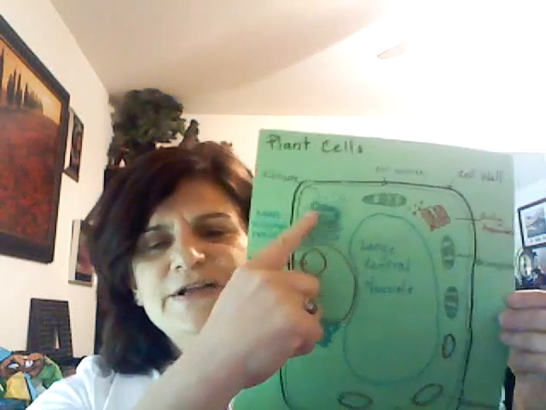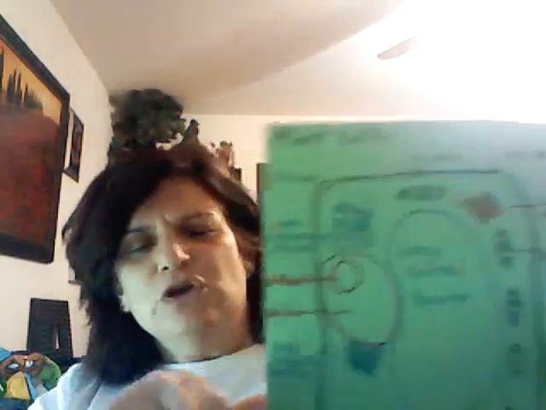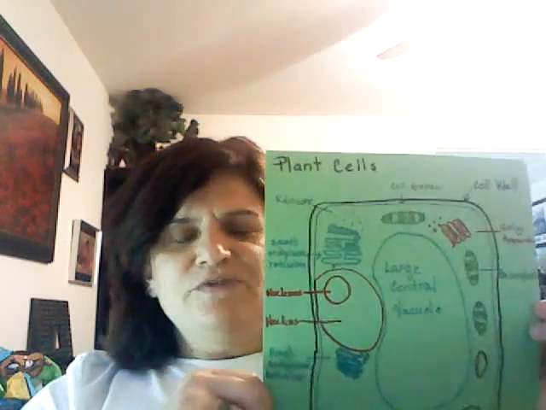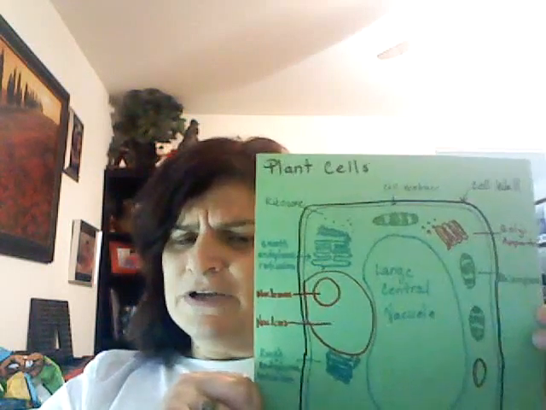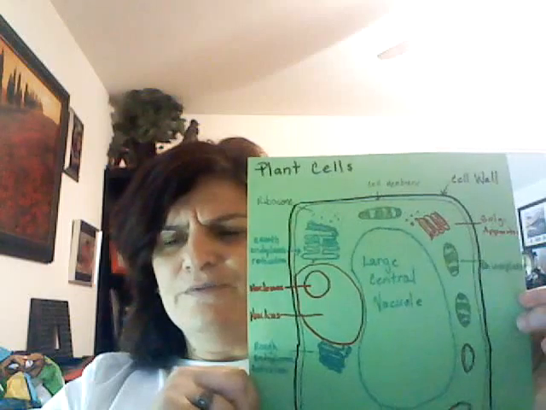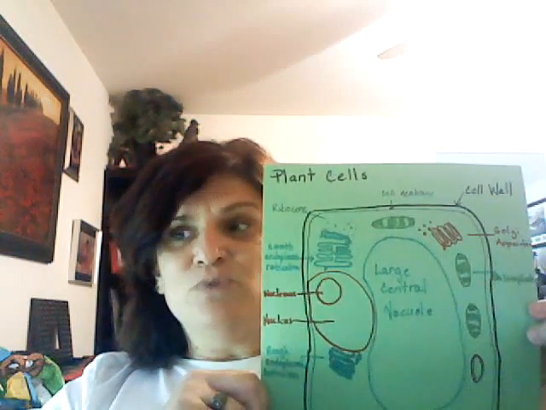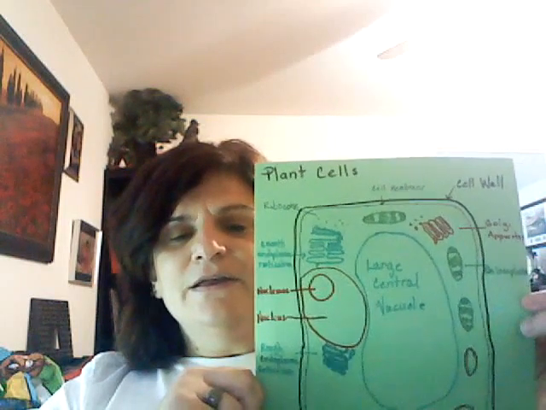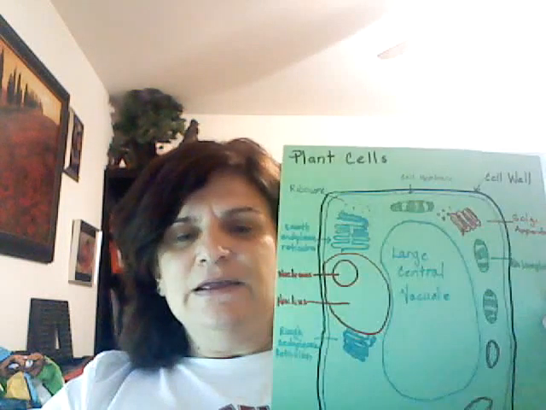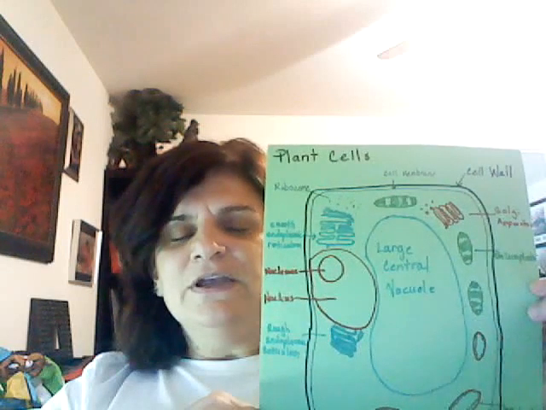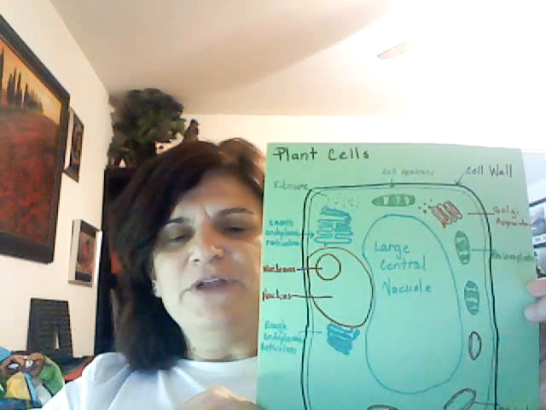You also notice that it has chloroplasts. Chloroplasts are what gives a plant a green color, but most importantly, chloroplasts are used in the process of photosynthesis. Now, if you remember, photosynthesis is where sunlight is converted into energy for the plants.